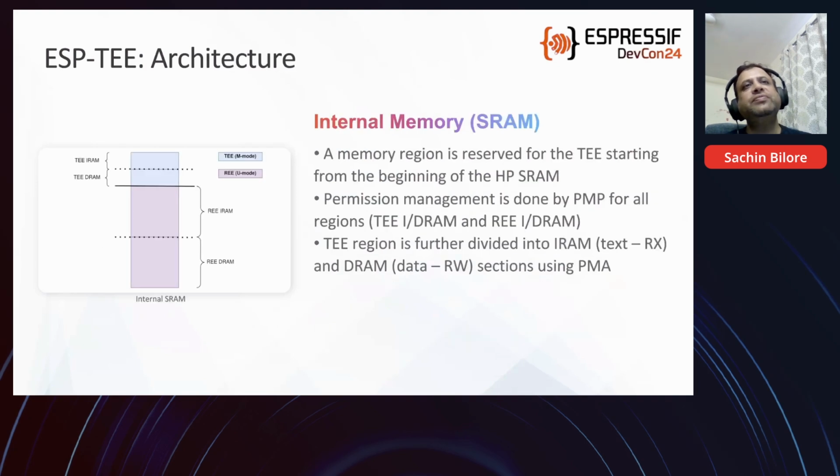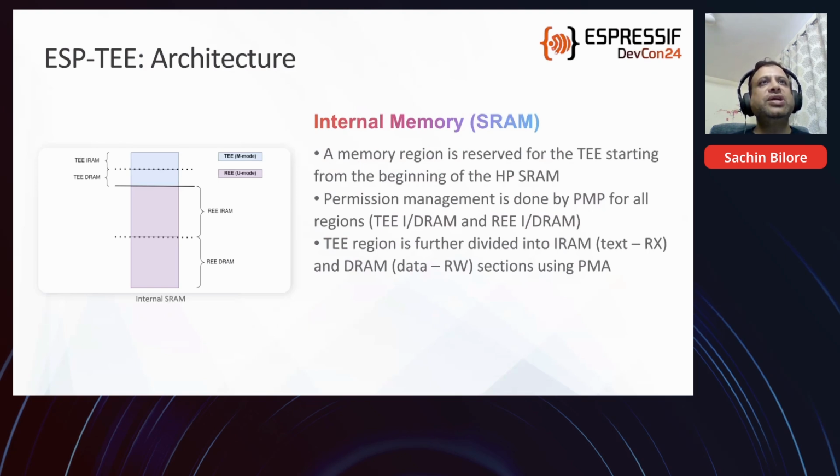As part of this isolation, we established the isolation in the SRAM, where ESP-IDF and ESP-TEE load at runtime. As we can see here, the initial internal SRAM addresses are reserved for the ESP-TEE, and lower addresses are open for ESP-IDF to load and execute.